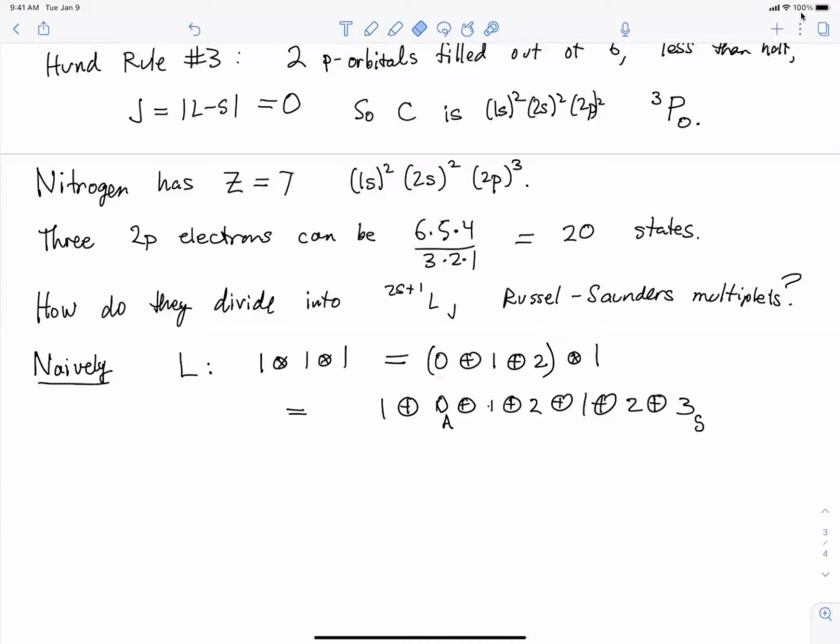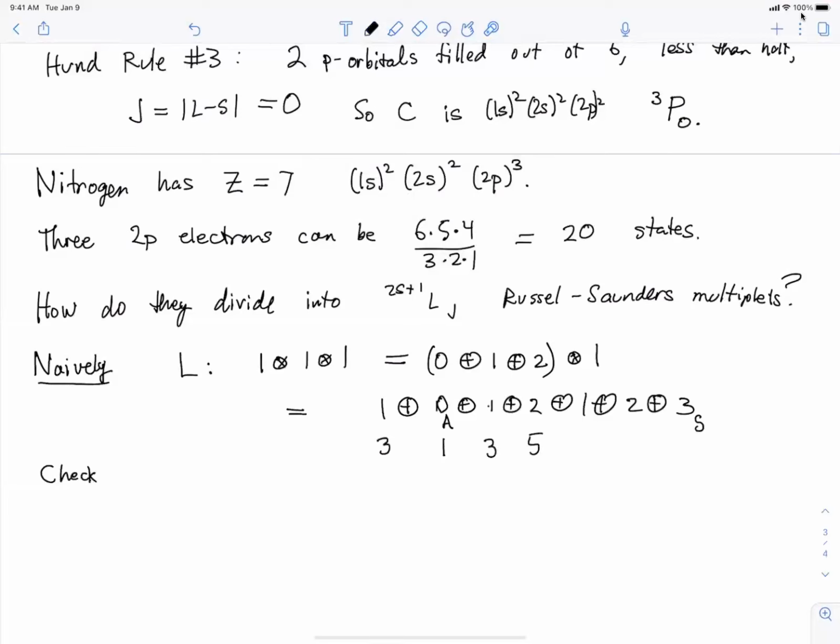Okay. So let's make sure that we have added these all up correctly. So the check just for the L states is, let me write down the degeneracy of each one of these. So for L equals 1, that's 3. This is 1 state. This is 3.